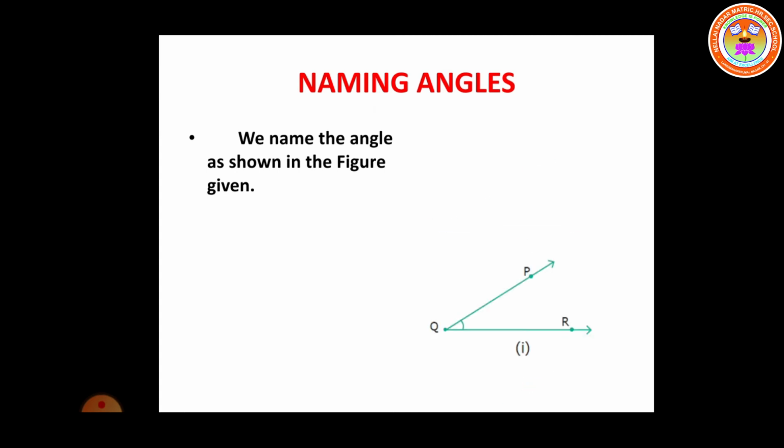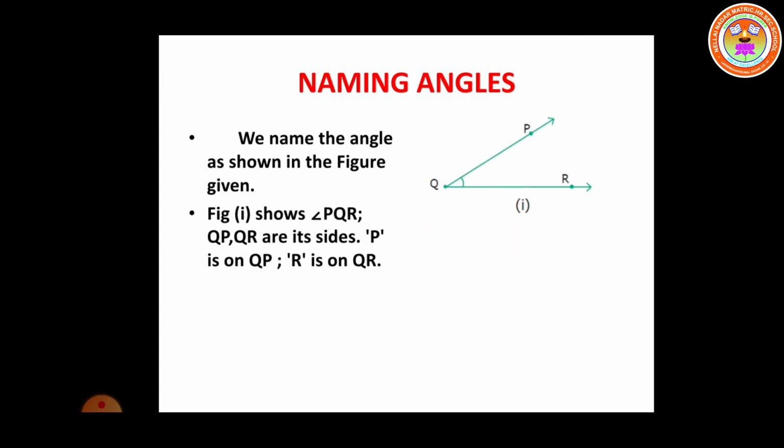Let us see how we name the angles. See the given diagrams. The first diagram shows angle PQR, where the ray QP and the ray QR are its sides.